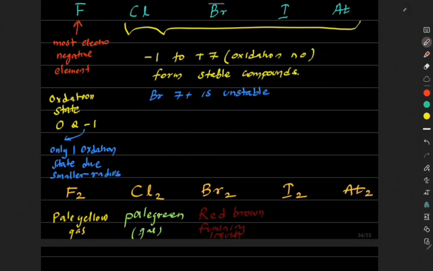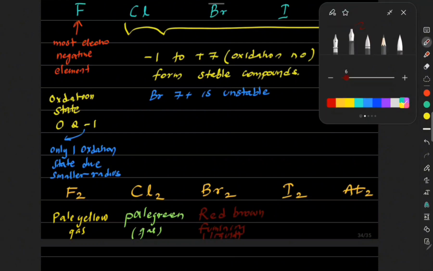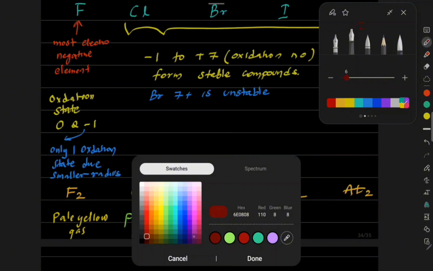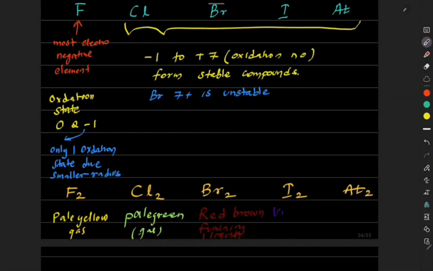I2 is a violet black solid. I hope you can see this.